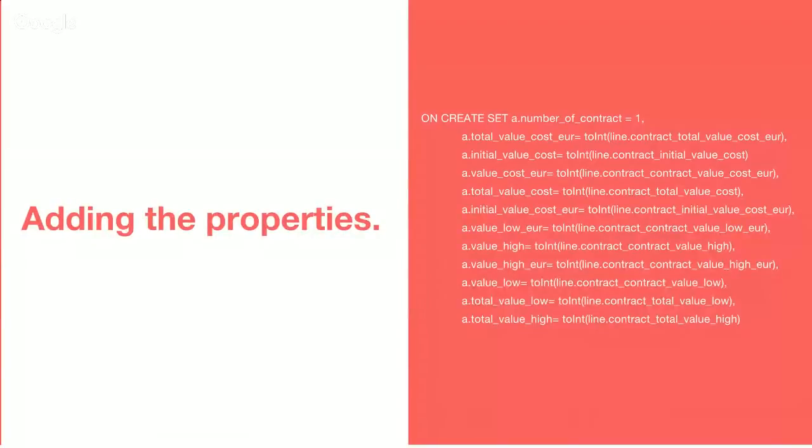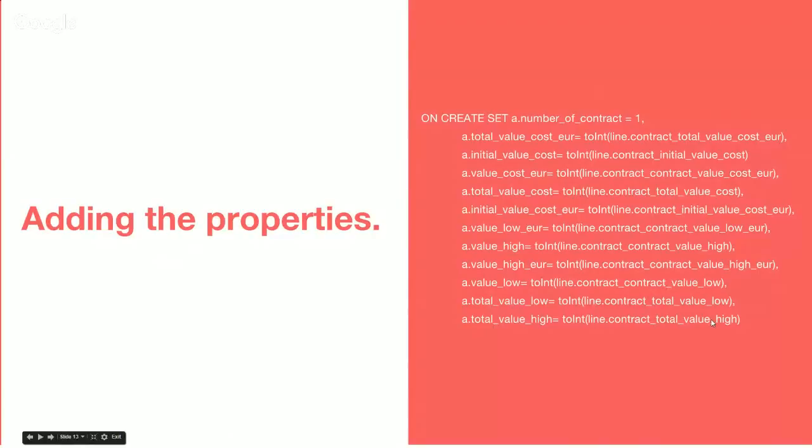So we are here, for example, creating a property which is total value cost euro, and assigning it the value of the total value column within our data. With toInt, we make sure to turn that value into an actual number to be recognized as such by Neo4j. We can do that for all other properties.